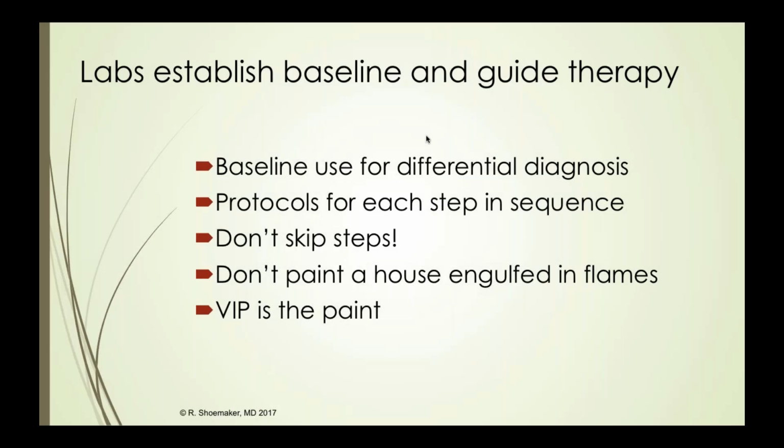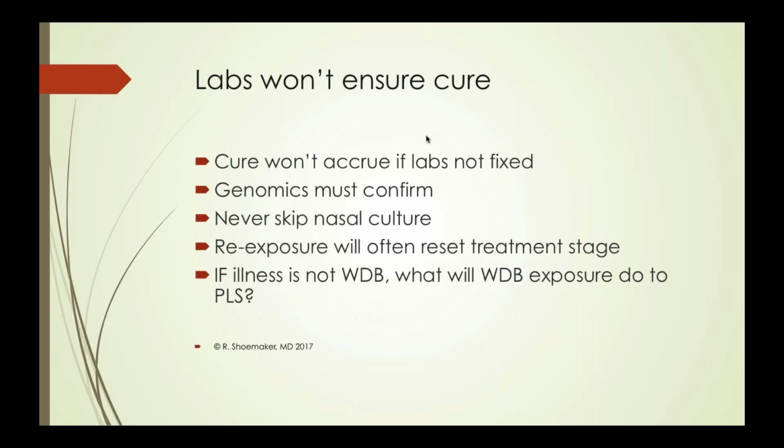So the labs that we use establish a baseline. They help us make the diagnosis, and therefore they're part of the protocol with respect to correcting each abnormality until we get to the end of the treatment process. And then VIP is the last step of therapy. But, and this is really important, even if the blood labs return to normal, that does not assure cure.